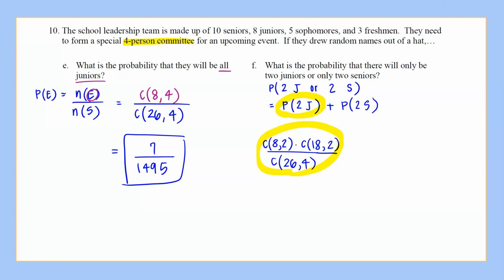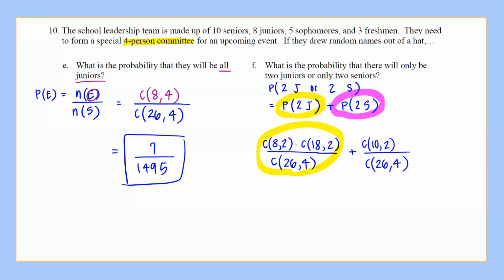Or means that I'm adding, so plus the probability of selecting 2 seniors. Again, it's still the combination of 26, 4 for my denominator. I still need a 4-person committee. And for the 2 seniors, I know that I have a total of 10 seniors. So how many different ways can I select 2 seniors out of the total 10 that I have?